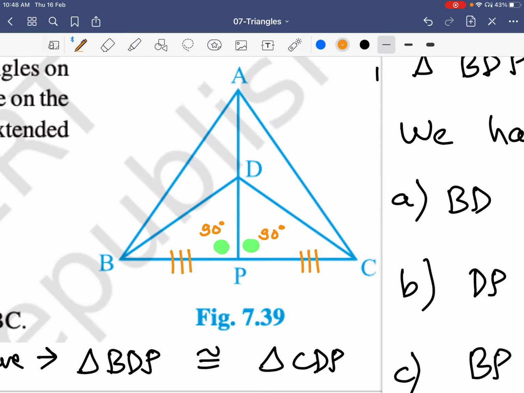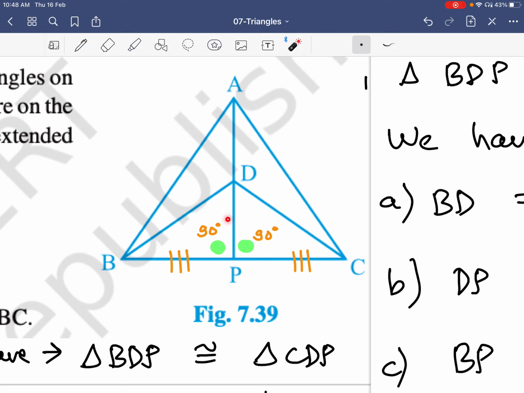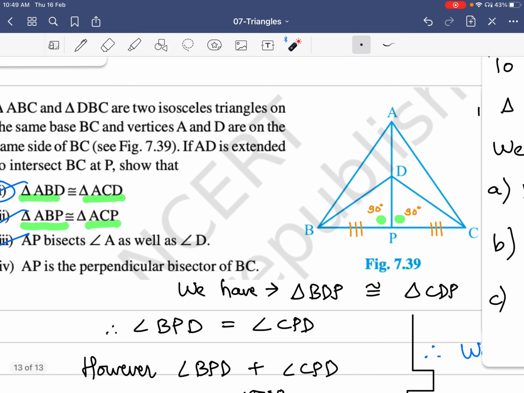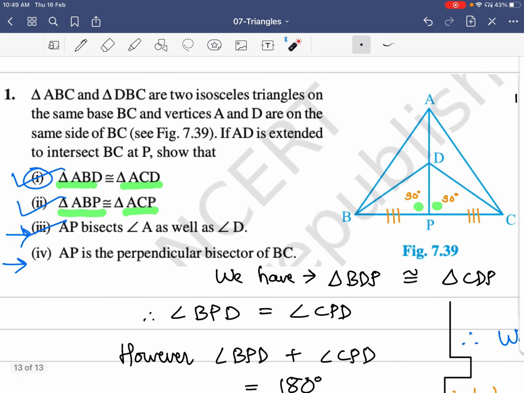Thus we can very confidently say that this line AP is a perpendicular, because it's 90 degrees, and a bisector, because at point P this line BC is divided into two equal parts. So it's perpendicular and bisector to this BC, and hence we prove point number 4, which asks us to show that AP is the perpendicular bisector of BC, and that is also done.